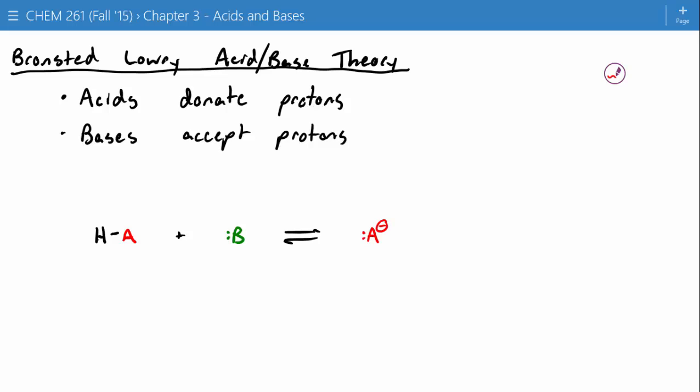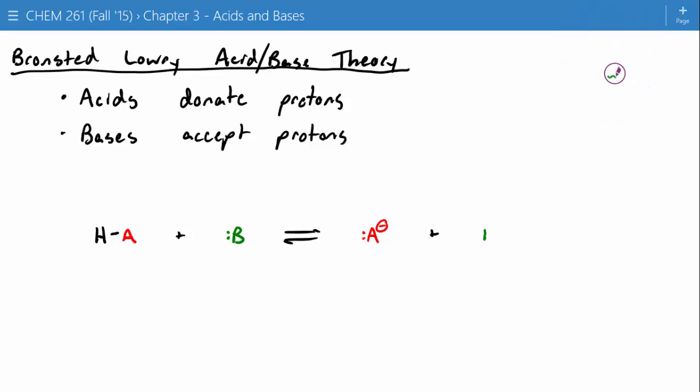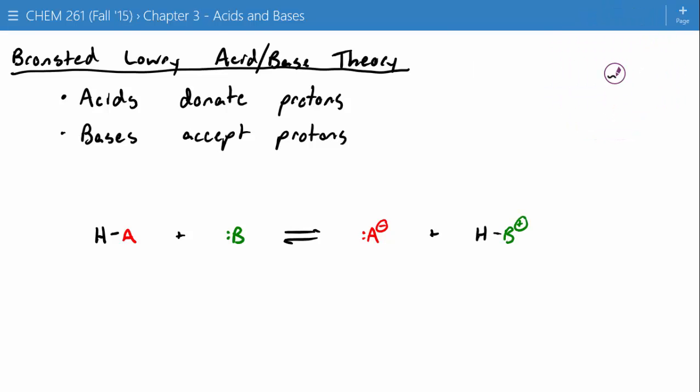And we're handing it off from our acid to our base. So our acid, if it loses its proton, now becomes negative. And our base, if it accepts a proton, is going to become positive. So we can clearly identify this is our acid because it gave up our proton. This is our base because it accepted our proton.